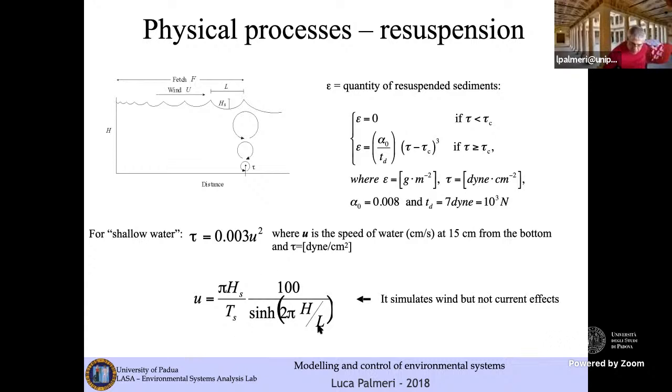Please note that this model simulates the effect of wind, but not the effect of currents.